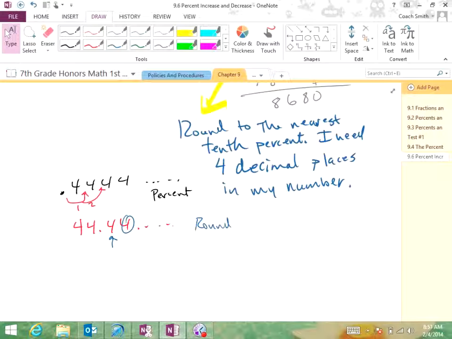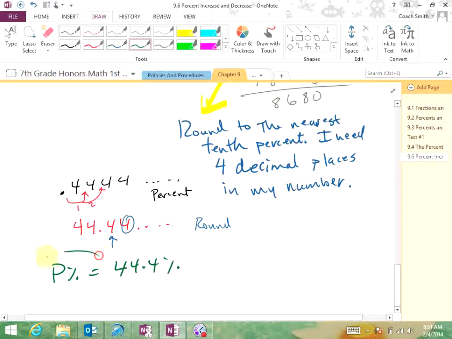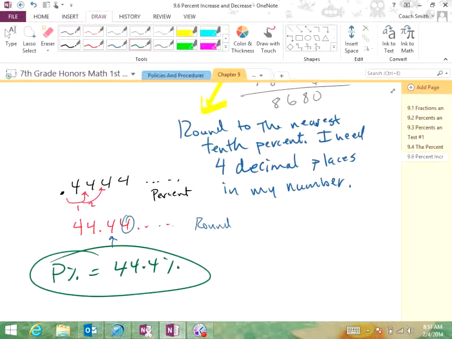Does the 4 that we're looking at stay the same, or does it increase by 1? Stays the same. So that means my answer, the percent change, is equal to 44.4%. And I'm going to be real honest with you, there's several of those in the homework this evening. So just remember, you take it out 4 decimal places.